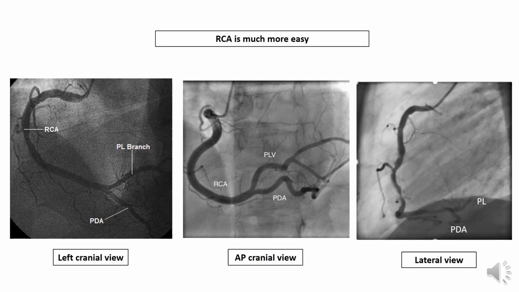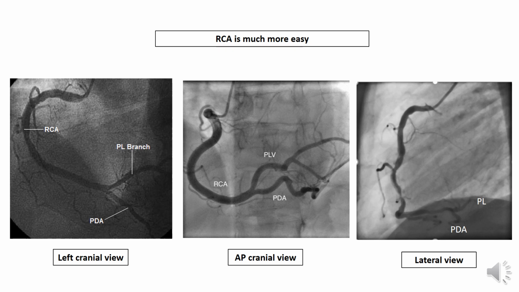The second view is the epicranial view. We are looking anteroposteriorly. So as we see here, the vertebral column is seen in the middle of the view, and this view actually straightens the distal segment of RCA and its terminal branches, posterolateral and PTA branches.